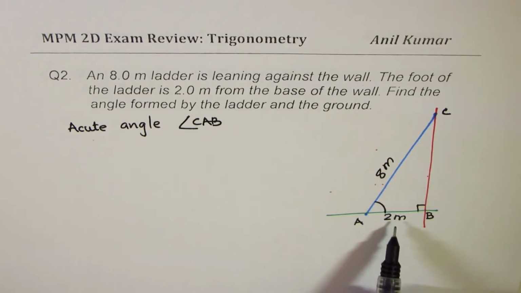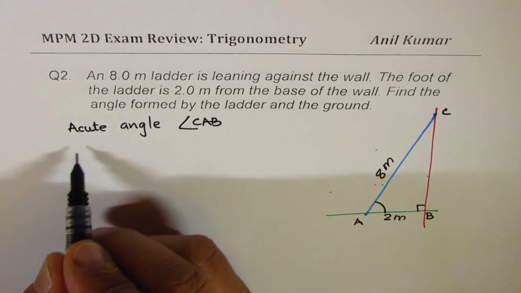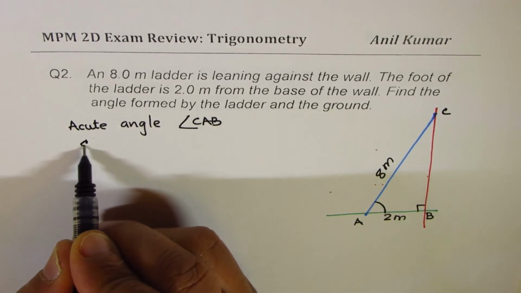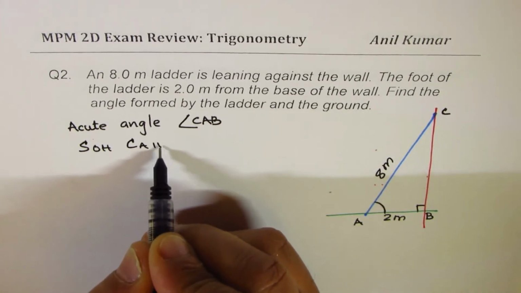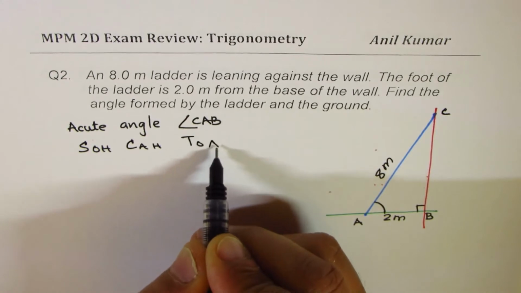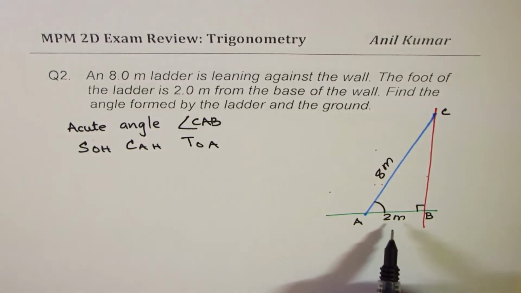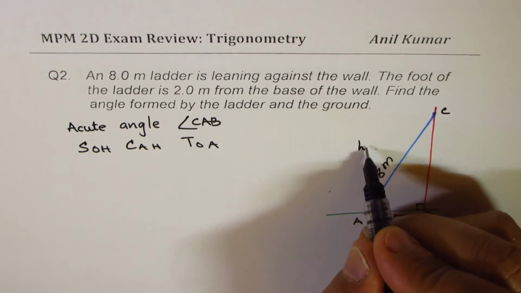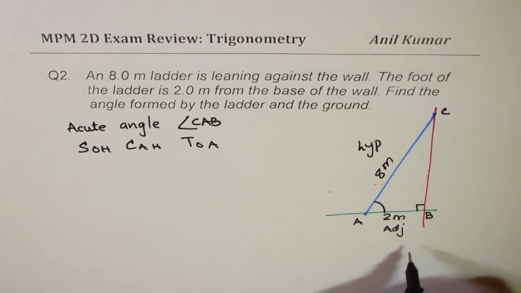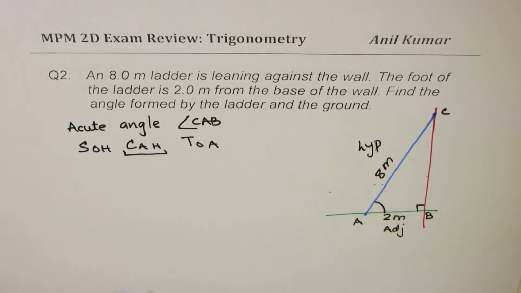Now here, we know these two sides. So as you learn SOHCAHTOA, sine is opposite over hypotenuse, cos is adjacent over hypotenuse, tan is opposite over adjacent. Since we know these two sides, which is adjacent, right, and that is hypotenuse. If you know this combination, then you're going to use cos. Perfect.